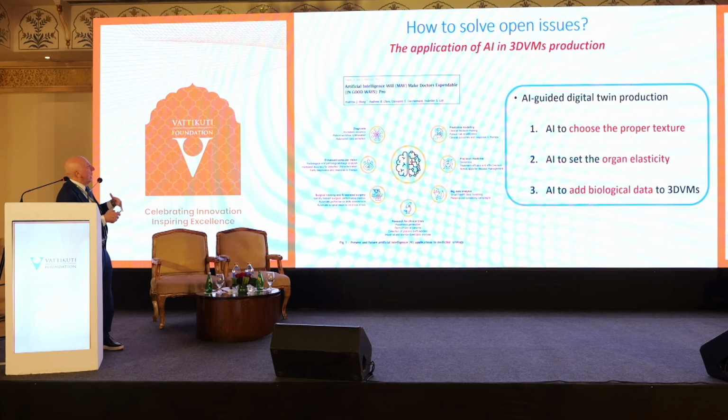So how have we tried to solve these open issues? I think that we can apply artificial intelligence to choose the proper texture, to choose the organ elasticity, and to add the biological data.